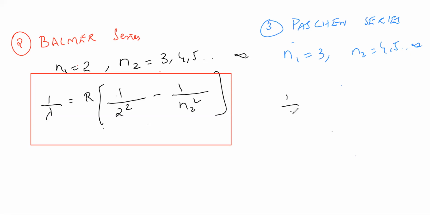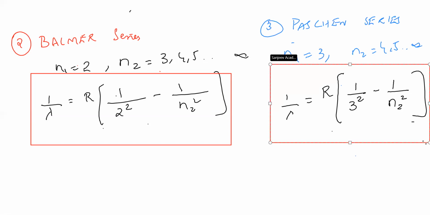So I can write 1 by lambda is equal to Rydberg constant R into 1 by 3 square minus 1 by n2 square. All of these Rydberg constant values in the examination they will give you, no need to worry. Mostly we won't be using it also because it will get cancelled during the problems. So no need to worry about the Rydberg constant value. 100% of the time it is of no use. Board exam you have tried these things. That's it.